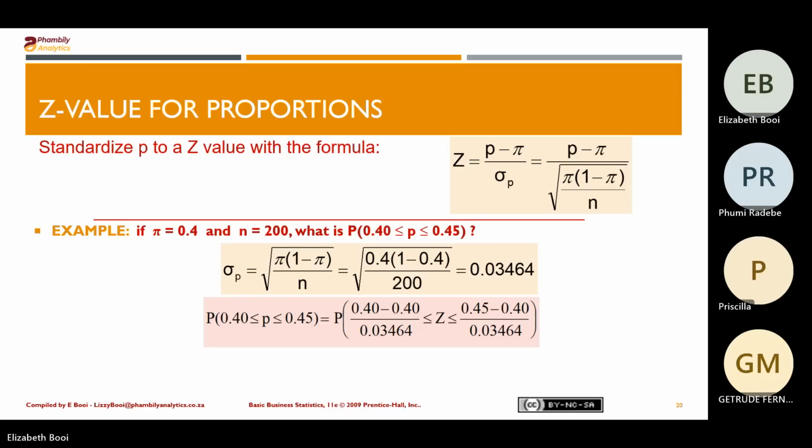Our P is 0.45. Our population proportion is 0.4. And our standard error, we calculated the whole thing and we substitute the value. Our P is 0.45, our population proportion is 0.4, divided by the standard error, which is 0.03464.